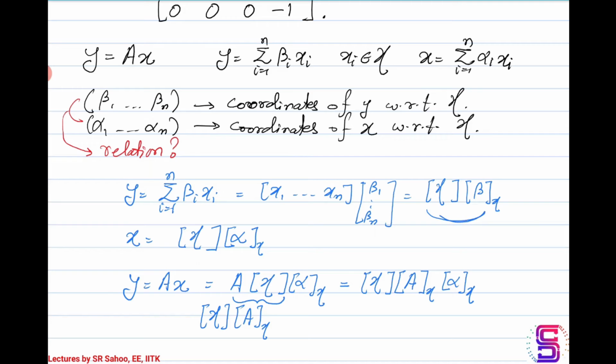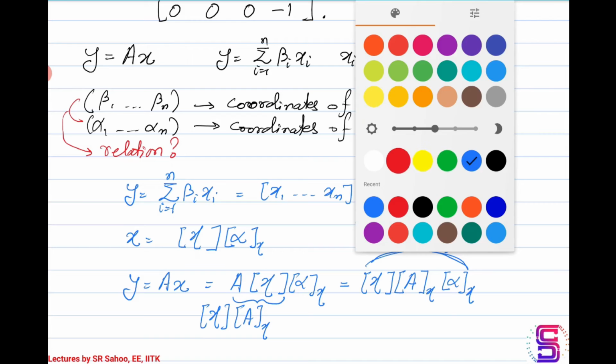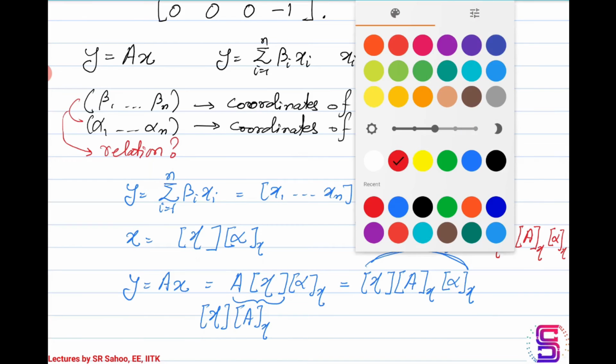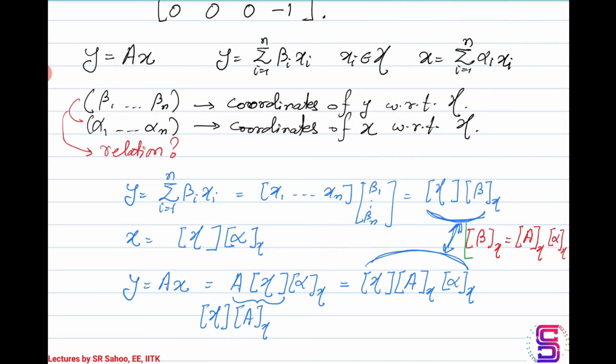So if you compare this with this, what you get is that the coordinates of y is nothing but the matrix multiplication of A multiplied by the coordinates of x. Okay, so this is how the coordinates are related.